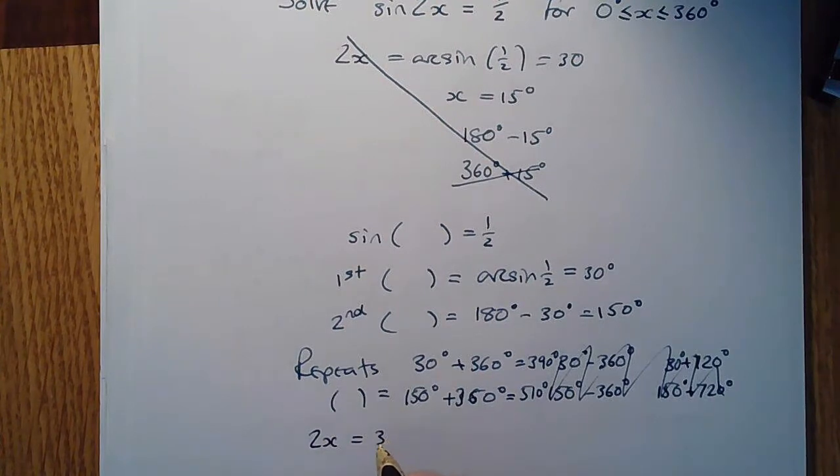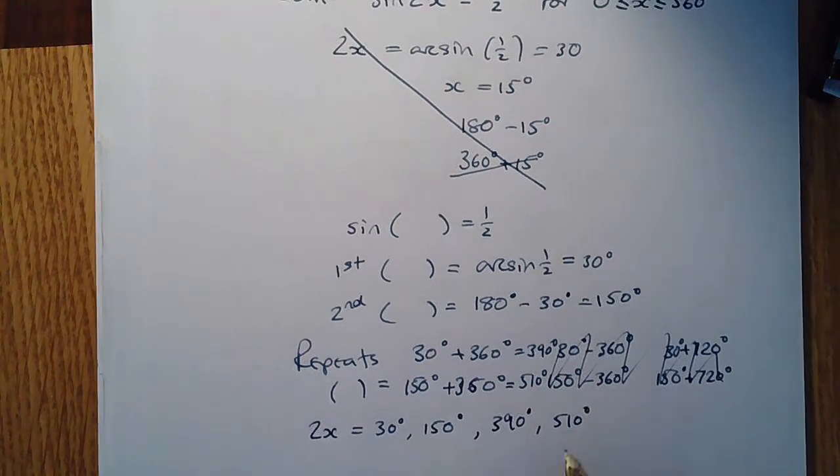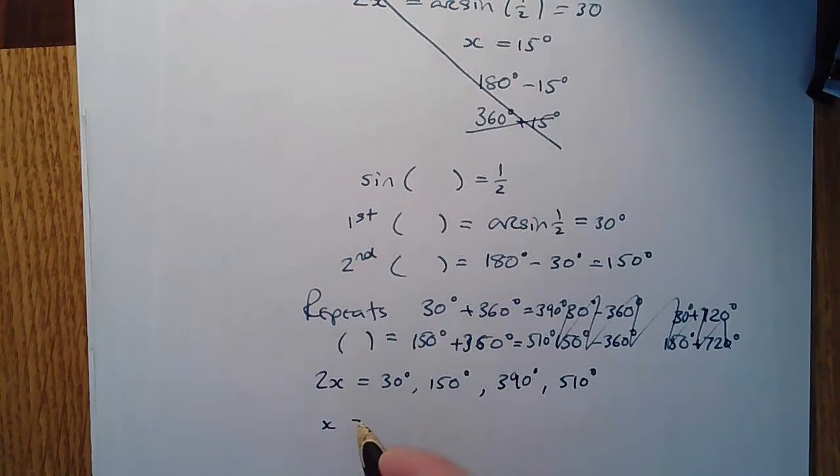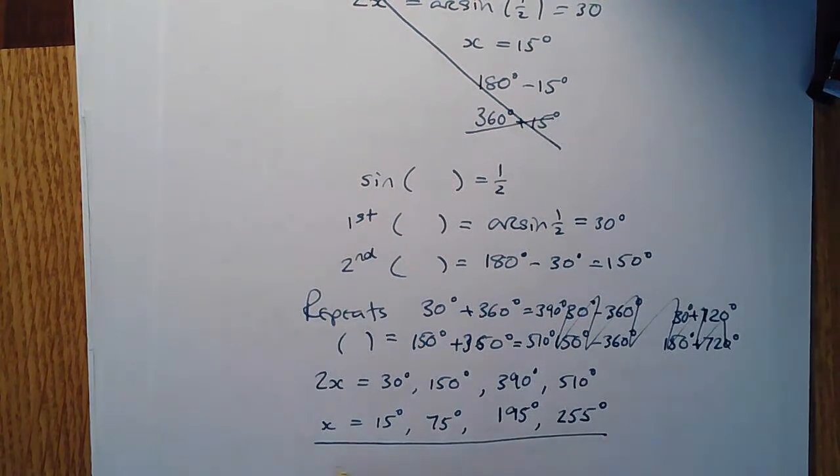So 2x equals 30 degrees or 150 degrees or 390 degrees or 510 degrees. All of those are valid answers for 2x, leading to x equals 15 degrees, and 150 degrees halves to 75 degrees, and 390 halves to 195 degrees, and there's my last answer. So these are the 4 correct answers.